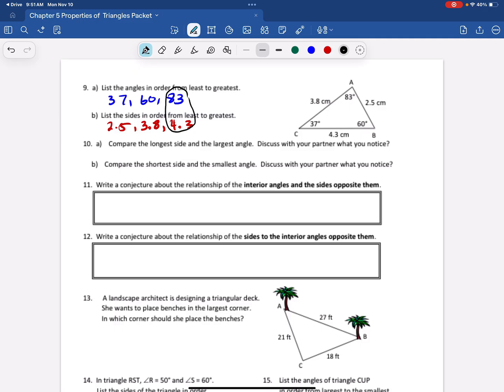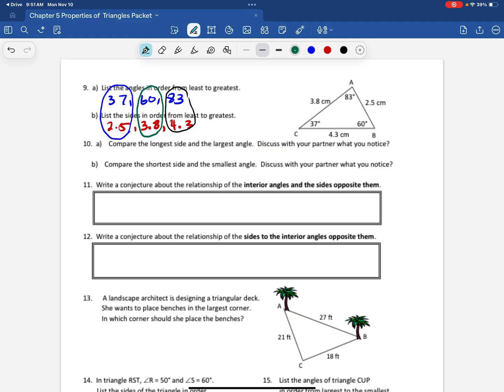And then what's first? Well, the smallest side is first, right along with the smallest angle. And then right there in the middle, the medium size angle is second, right along with the medium size side. So we just did 10A and 10B.